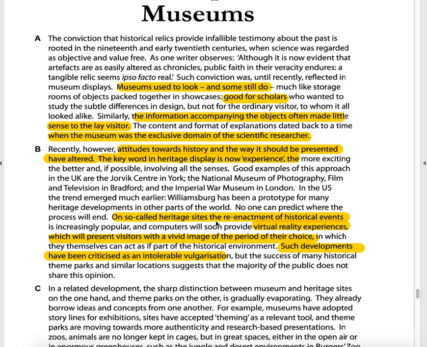On so-called during historical events and computers. Good examples. These are examples. It doesn't say it started there.